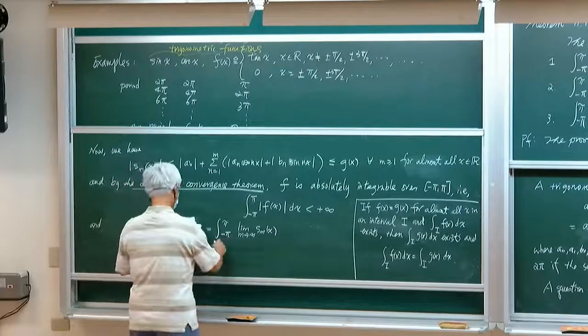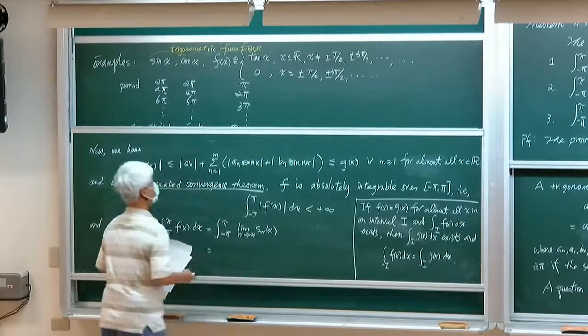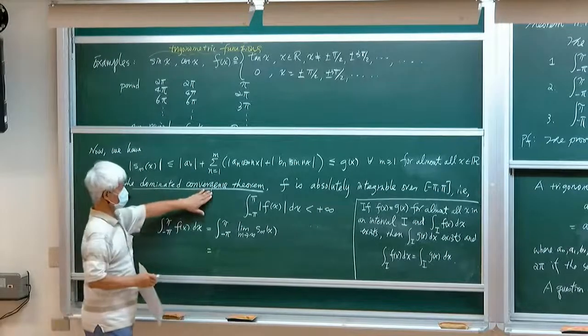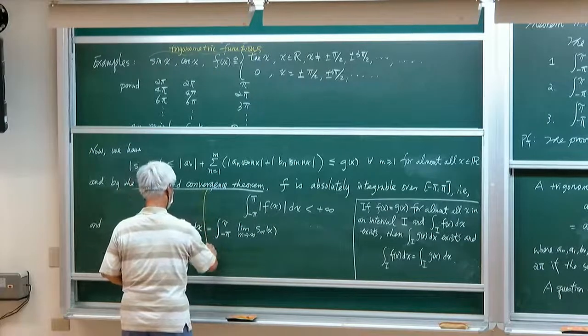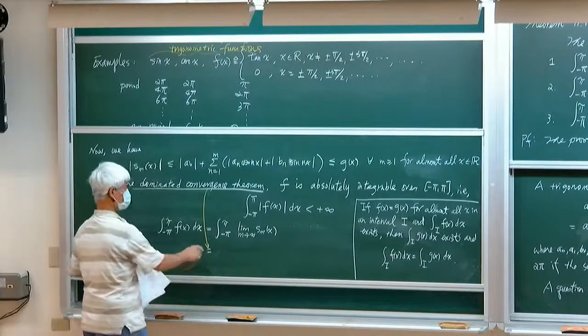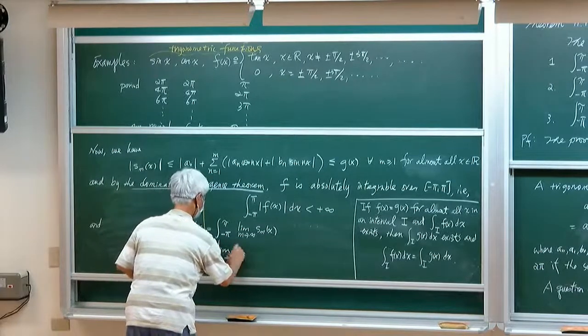And the important thing is that the dominated convergence theorem gives us this identity: we can move the limit out of the integral.